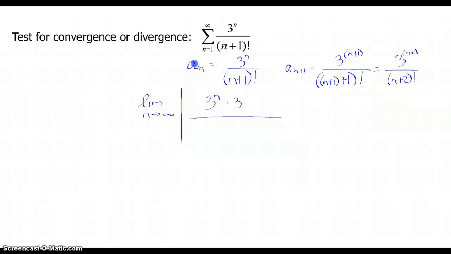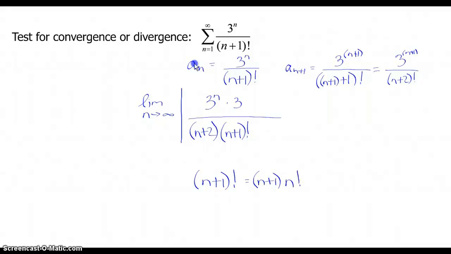We will also go ahead and factor the quantity n plus 2 factorial and recognize that just like n plus 1 factorial is n plus 1 times n factorial, n plus 2 factorial is going to be n plus 2 times n plus 1 times n minus 1, and so forth.